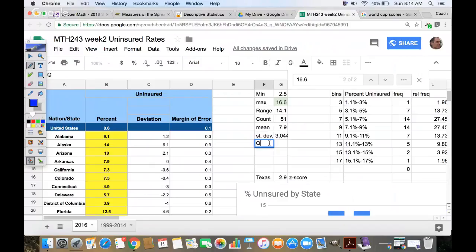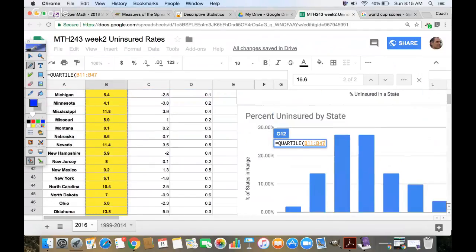So we would want quartile 1, we would want the median, and we would want quartile 3. And so the command for that, again, is quartile. And for quartile, you highlight your data and then state which quartile you want.